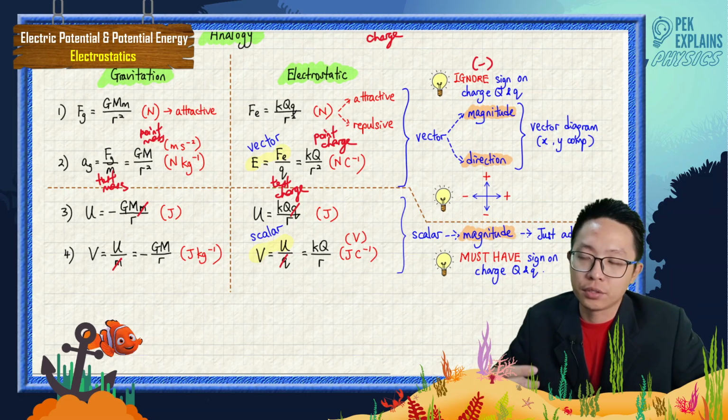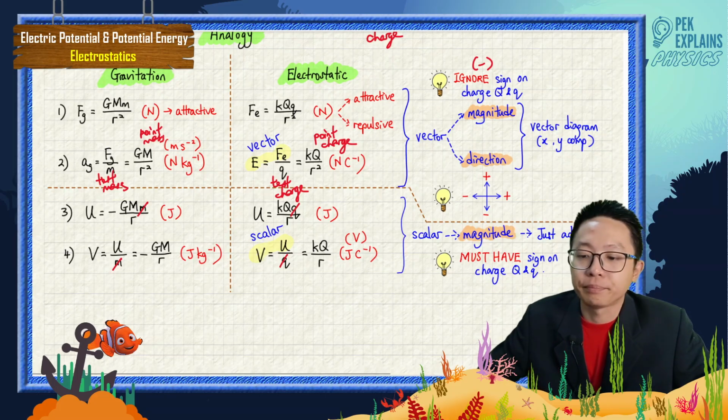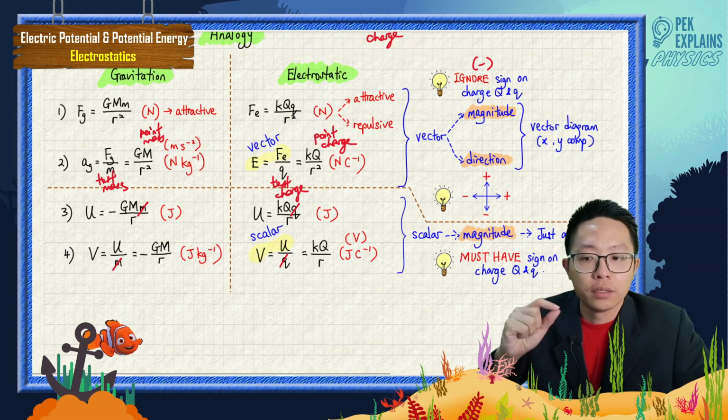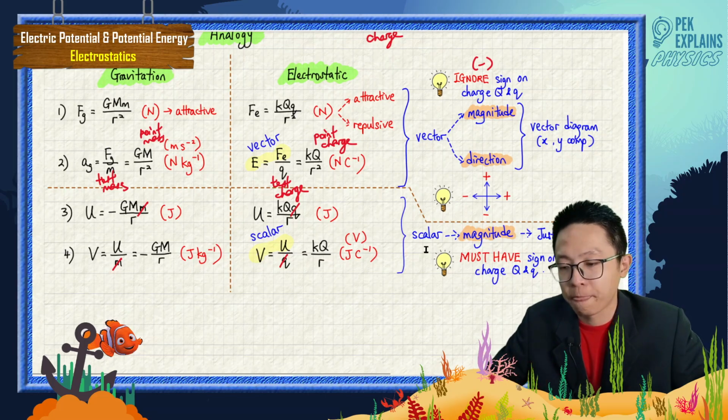If the question asks you to find the total potential energy or total potential, you just add up. It's different from vectors like force and electric field strength.